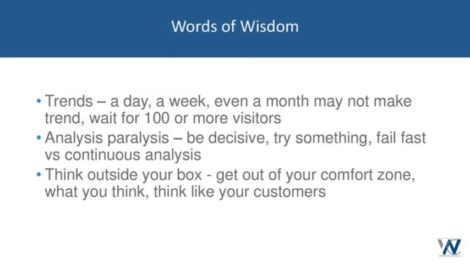Now, granted, if I've got a keyword that in 20 visits has already cost me $200 because it's a high volume, high valued keyword that costs a lot for each click, and I'm not getting any transactions, you might need to make a decision before you get 100 or so visitors because it might break the bank. However, don't just look at a day and go, oh, my traffic's down, something's wrong.